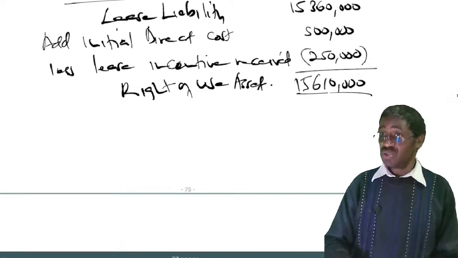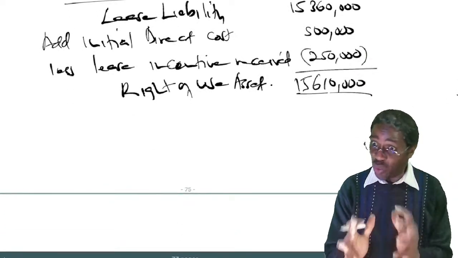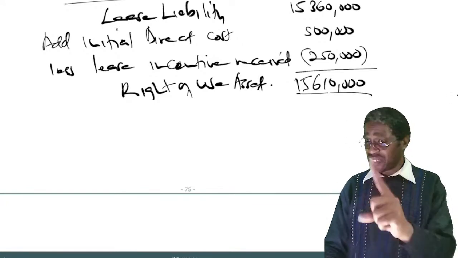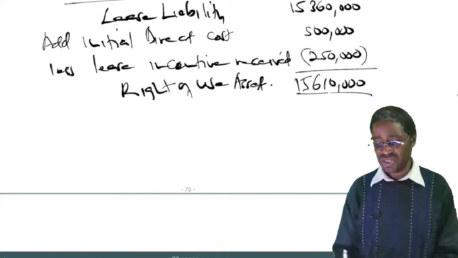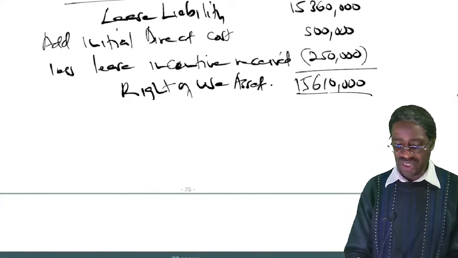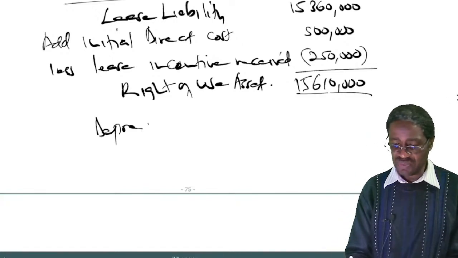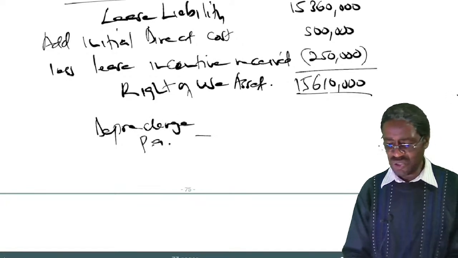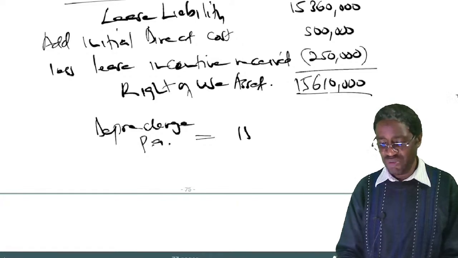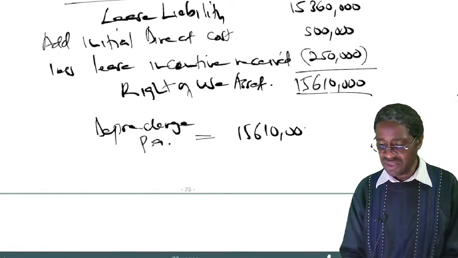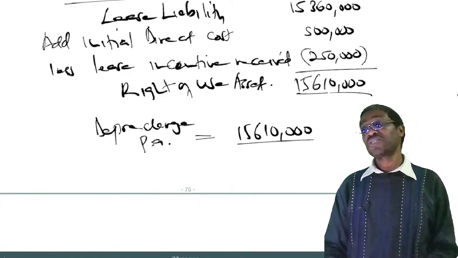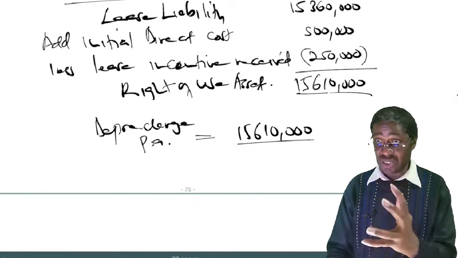I told you the subsequent asset is to be depreciated. Let us just come and see the depreciation charge per annum. It will be 15,610 divided by how many years? We are told the lease period is 10 years.